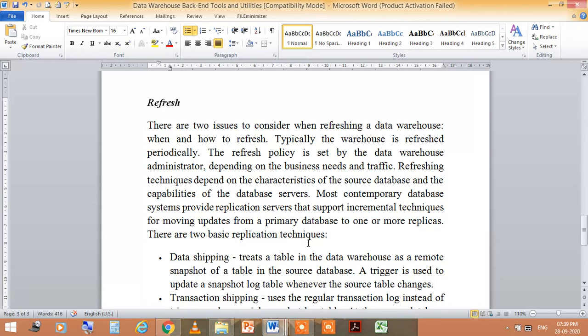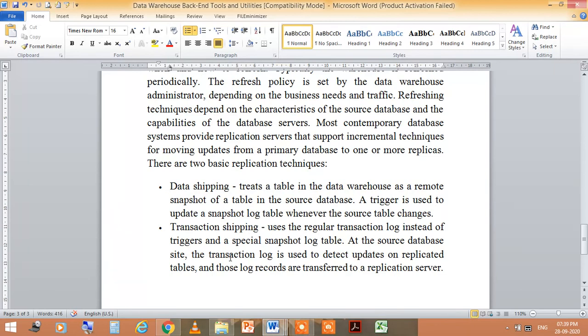There are two basic replication techniques. First is data shipping and the second is transaction shipping. In data shipping, a table in the data warehouse is treated as a remote snapshot of a table in the source database. A trigger is used to update a snapshot log table whenever the source table changes.